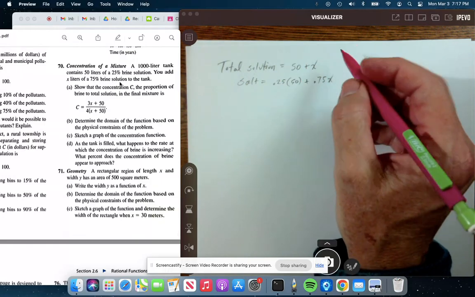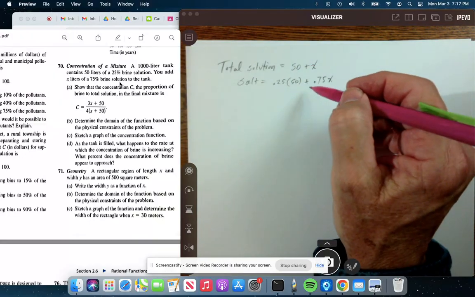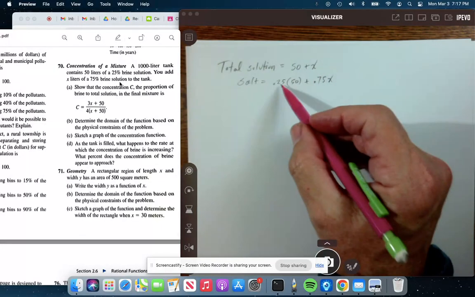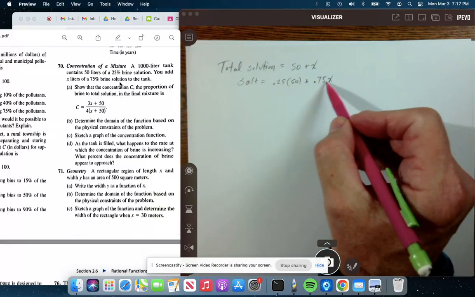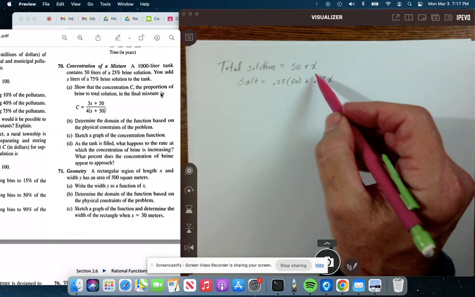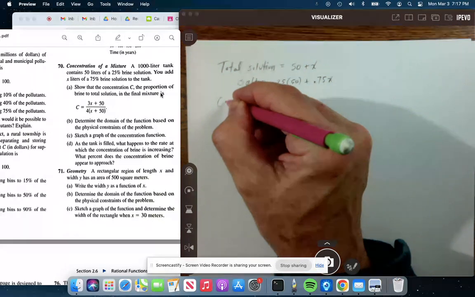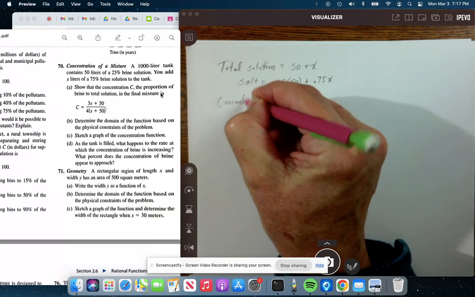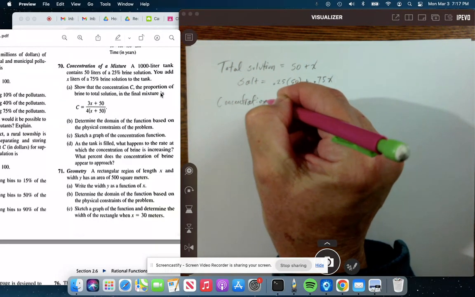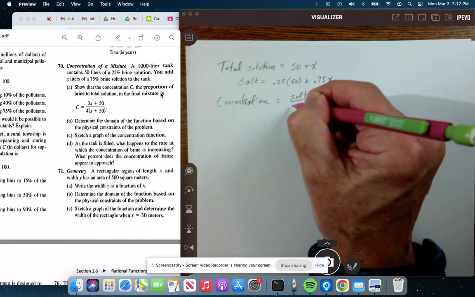Okay, so now we've got the total amount of solution, and the total amount of salt is just a percent of each part of the solution. So if I want to show the concentration, it should be the salt over the solution, right? So the concentration should equal salt divided by solution.